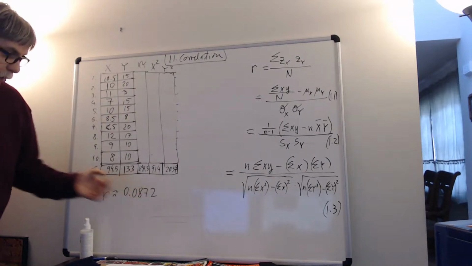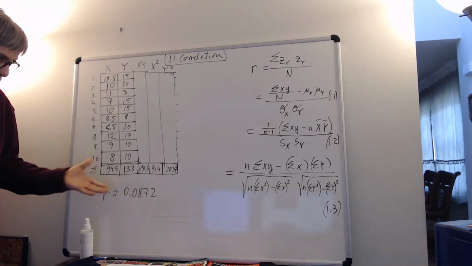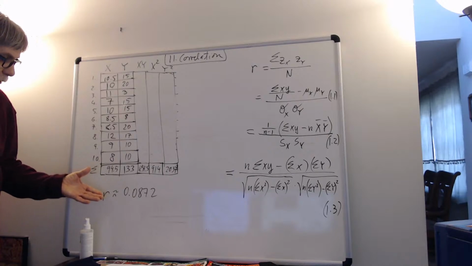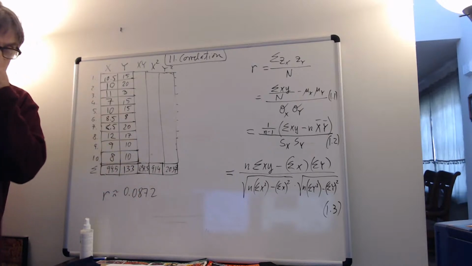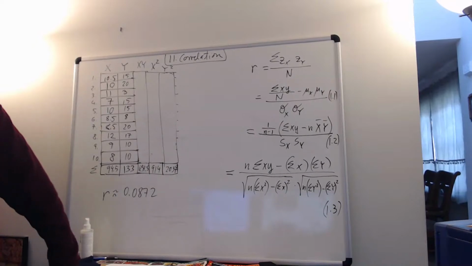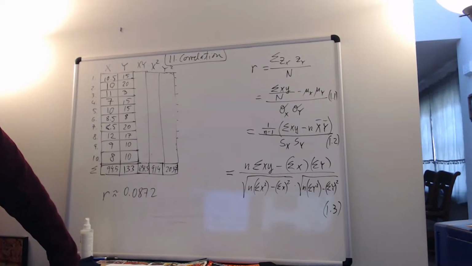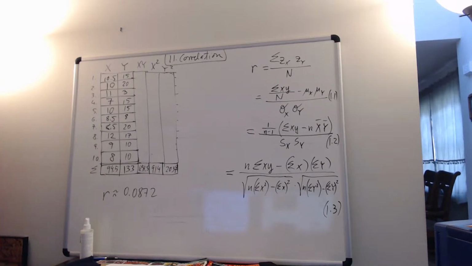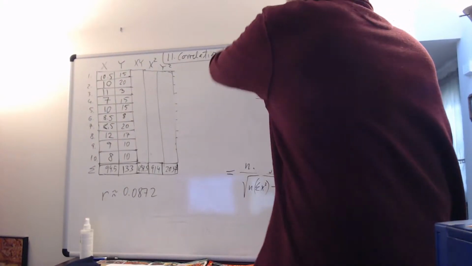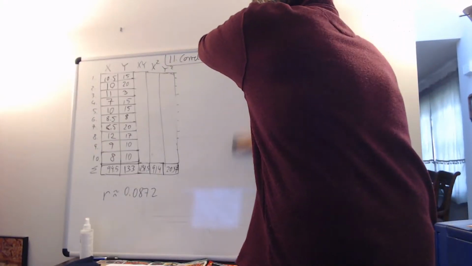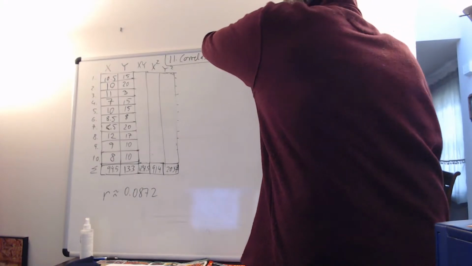And this number is telling me something, right? The Pearson correlation coefficient says it's 0.0872. Okay. This is the story. So I'm going to erase this formula. Okay, a little more space.